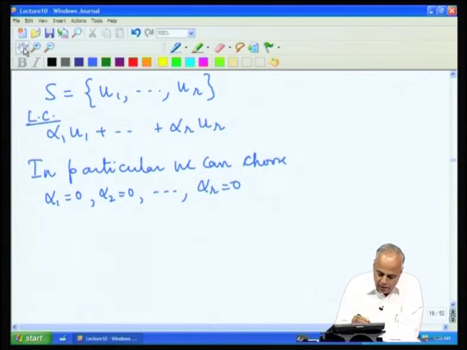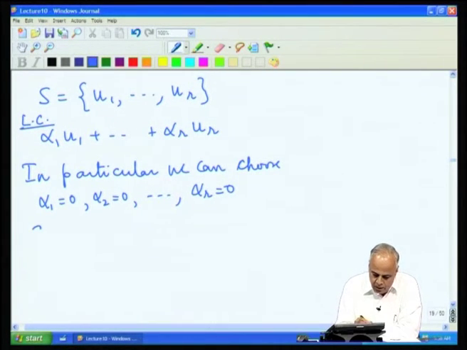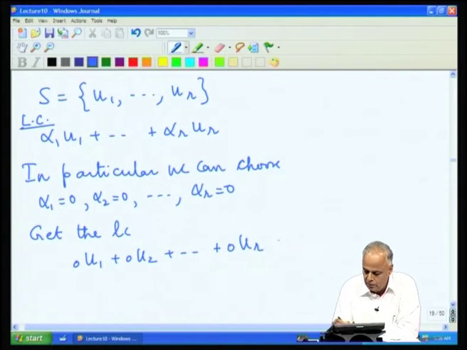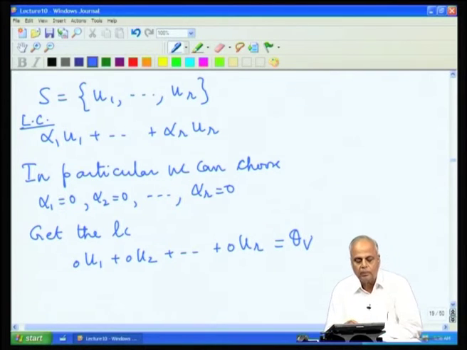We get the linear combination 0 u1 plus 0 u2 plus 0 ur, which is the vector theta V. Thus, we see that whatever finite set u1, u2, ur we start with in V, we can always get the 0 vector as a linear combination of these vectors. So, we can build the 0 vector from any finite set of vectors.